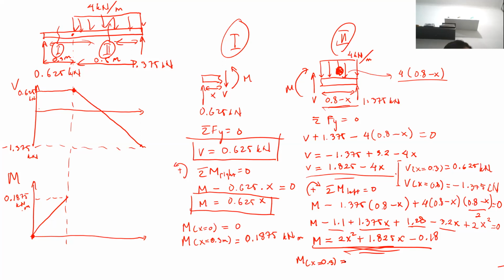Okay, let's calculate first. 0.3 square times 2 plus 1.825 times 0.3. Then minus 0.18.